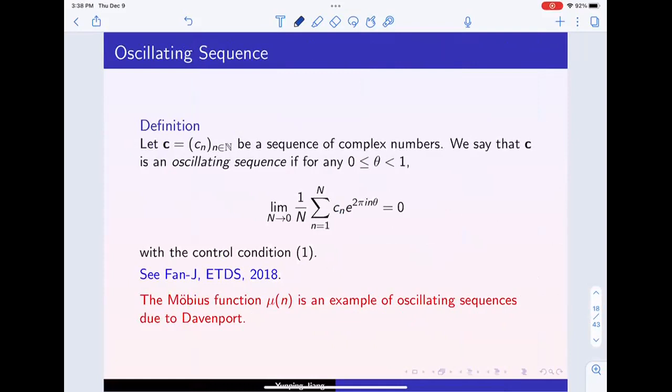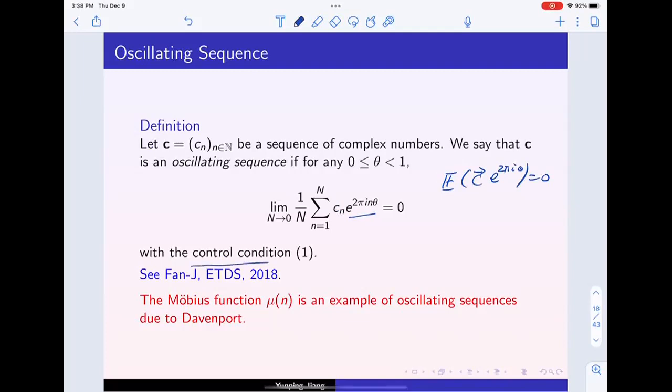We say C is an oscillating sequence if for every theta from 0 to 1, the limit as N goes to infinity of 1 over N times the summation from n equals 1 to N of C_n e^{2 pi i n theta} equals 0. That means the mean of this C_n, well, C_n is a sequence, right? Not a function. So that really means C_n times e^{2 pi i n theta} has zero mean.